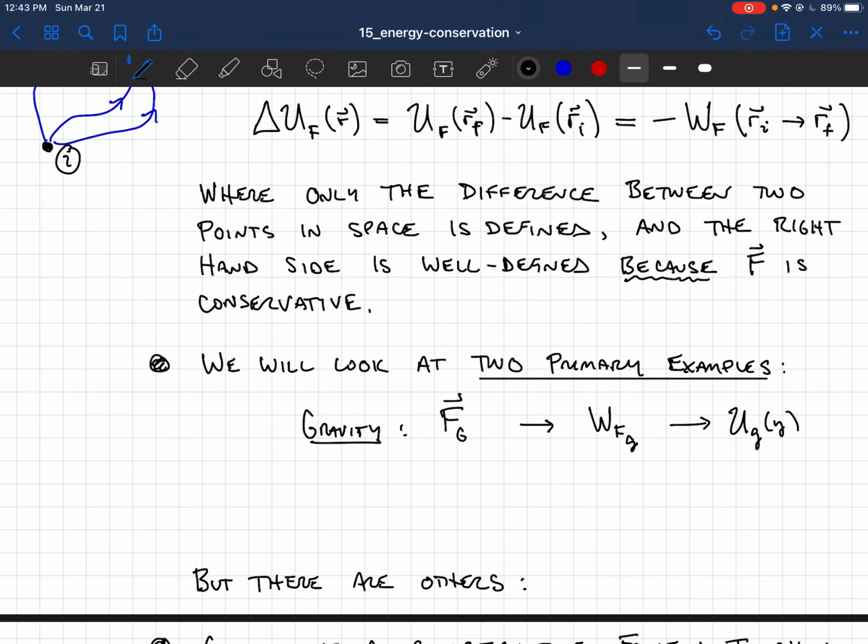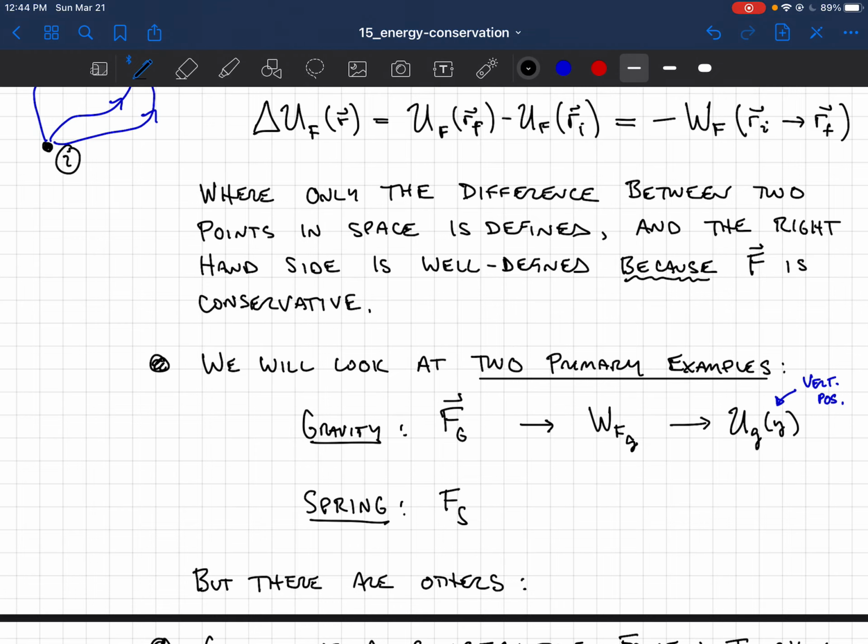And it turns out that that only depends on the vertical position. So I'm going to call that y, as we normally call it. But basically, y is the axis that points upward out of the center of the Earth. And we'll see how that's defined. And then the other main conservative force is the spring force.